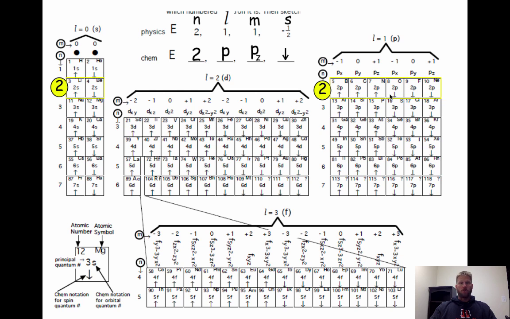So what specific address does this electron have? That's what the M number is. And M number of 1 corresponds to electrons in the Z orientation. So there are 2 possibilities here. Now we've got it narrowed down from 6 to 2. So it's either the 7th electron or the 10th electron.